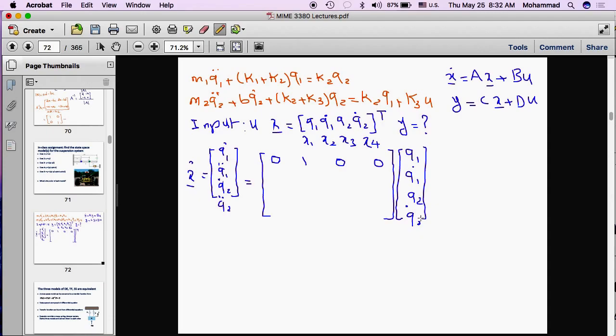In other words, the first member of X dot is the same as the second member of X. That's an obvious relationship. Okay, how about the first element of U? Because remember, we need a column vector here that gets multiplied by U. So what should go as first row here?